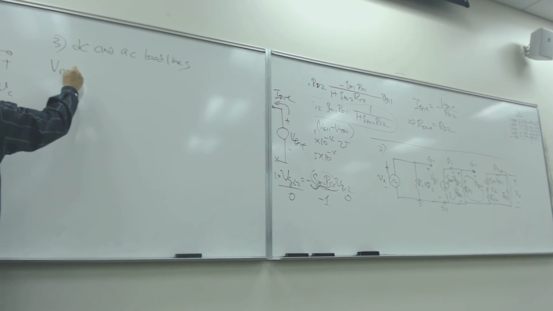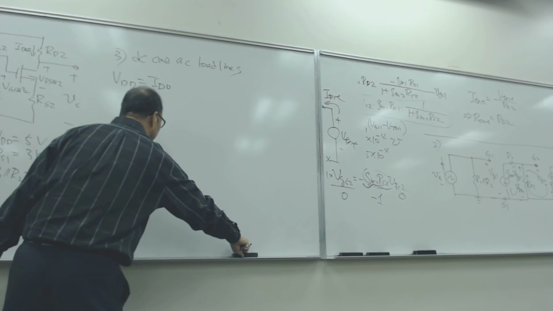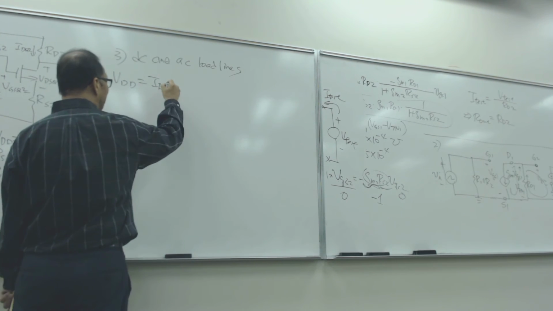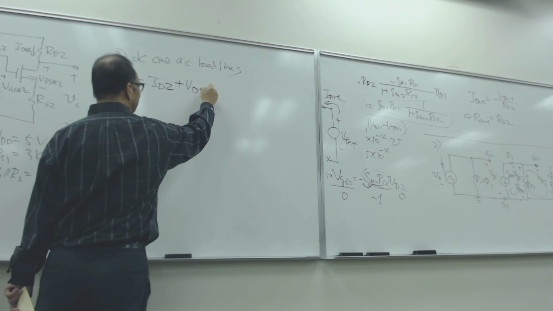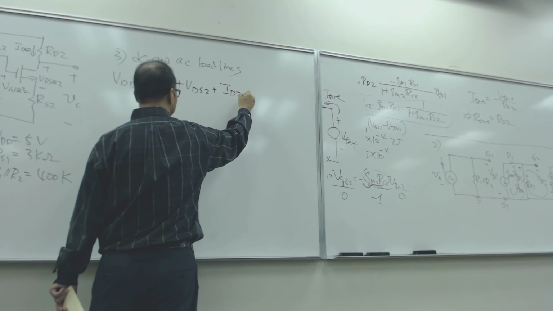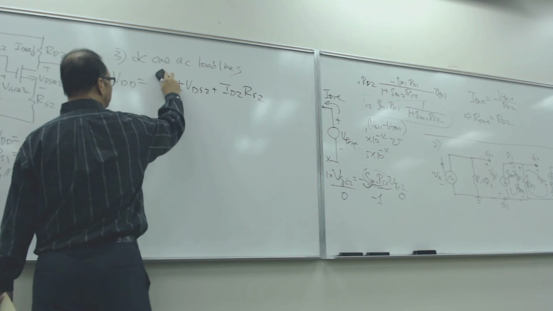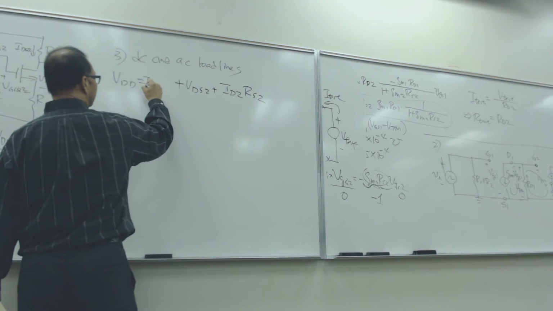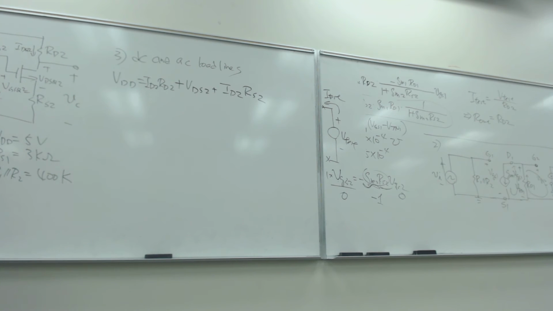This one, VDD equal to ID2, don't put a Q there, make it general, plus VDS2 plus ID2 RS2. So I have to use ID2 times RD2, right?